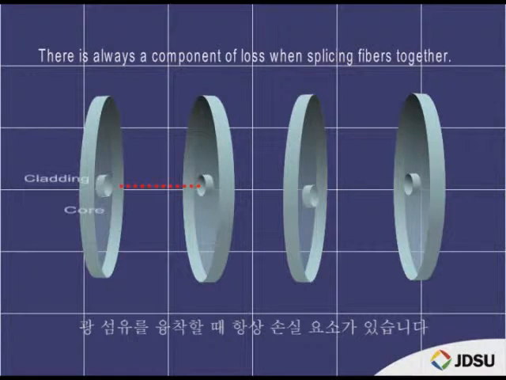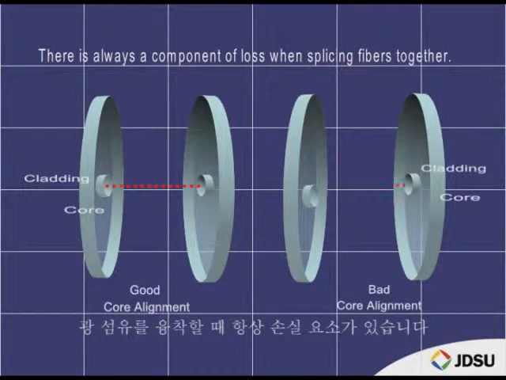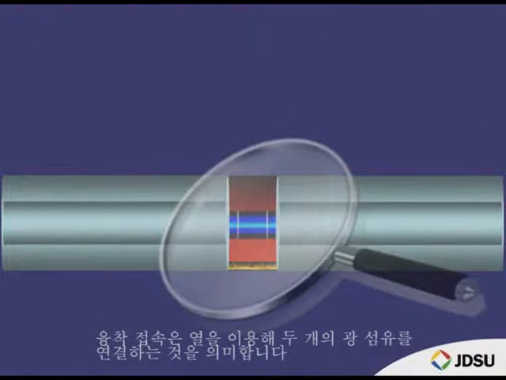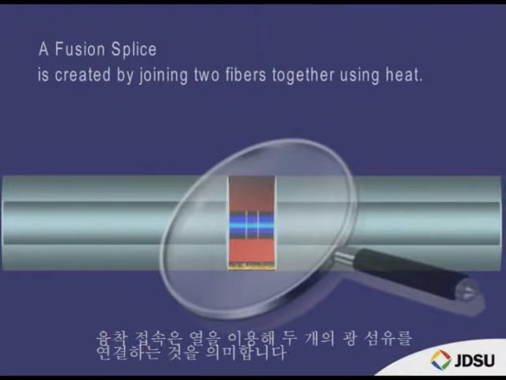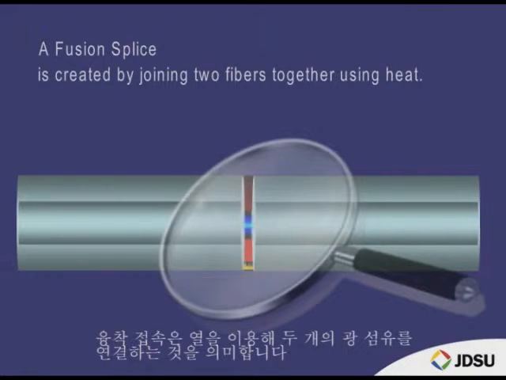There is always a component of loss when splicing fibers together. A fusion splice is created by joining two fibers together using heat.